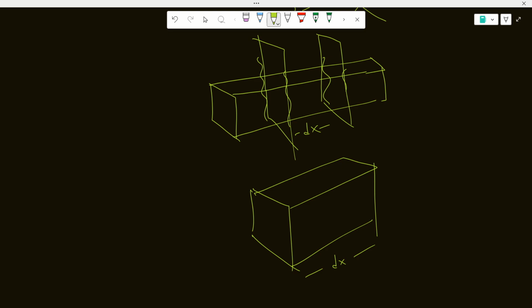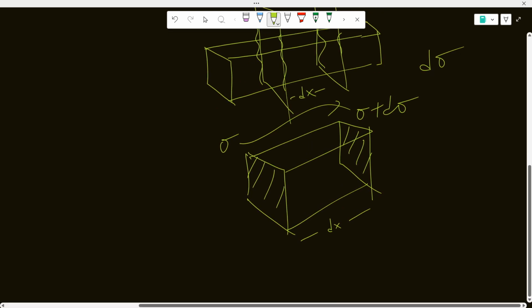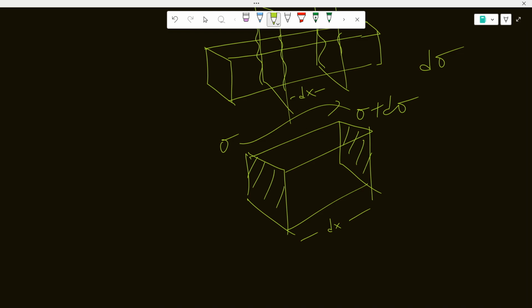This is the section we cut, and this is the other section which we cut. So now we're saying that the bending stress is actually varying. I won't have the same value of bending stress that I had here. It is varying by an amount, d sigma. So when you see something like this, it means that shear stresses cannot be neglected.